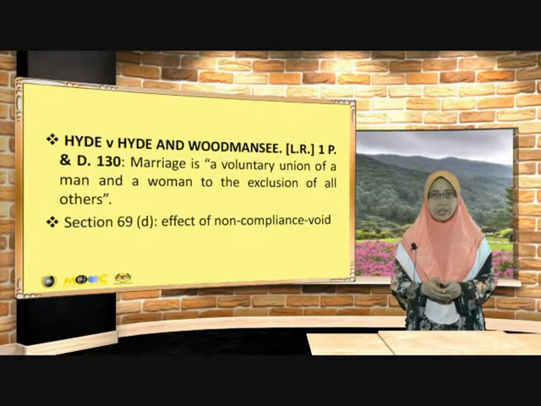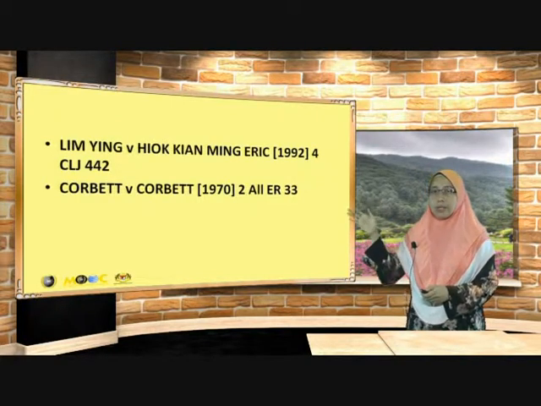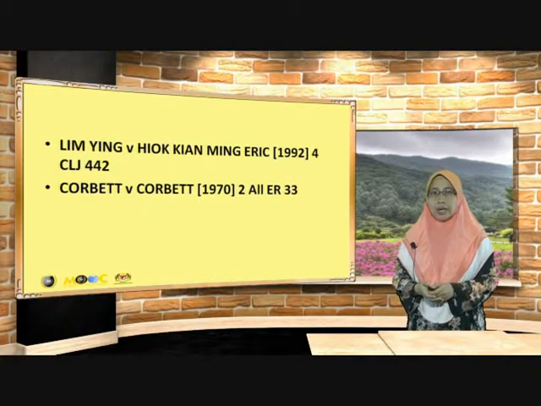And in the case of sex change operation, the court will look at the original sex of the person and not after the operation, even though the sex of the person has already changed in the identity card. This has been further discussed in the cases of Lim Ying, Hiok Kian Ming Eric and Corbett v Corbett.